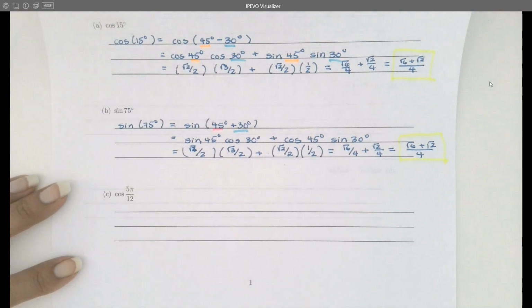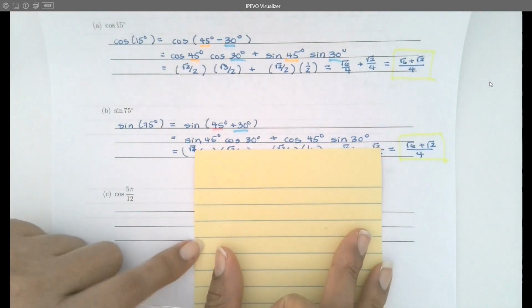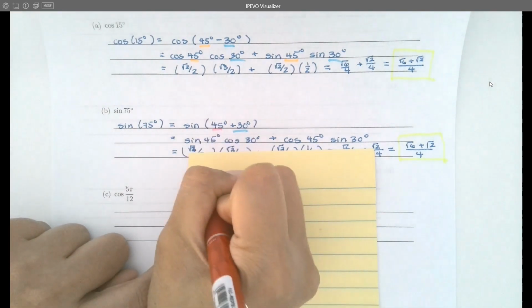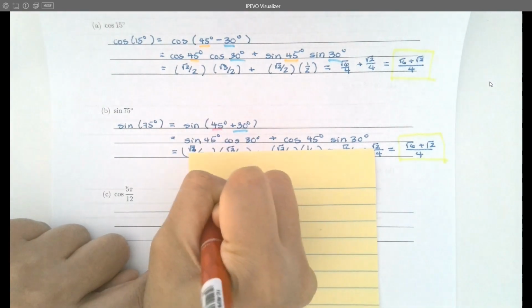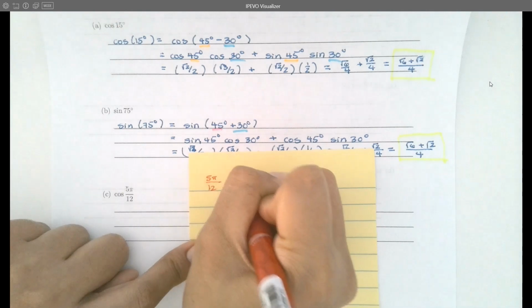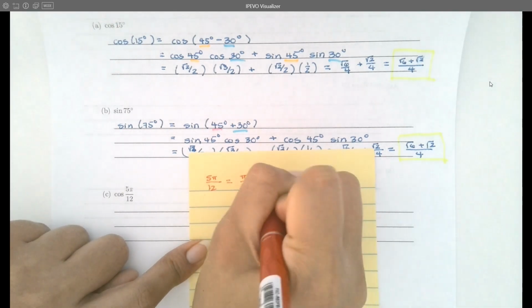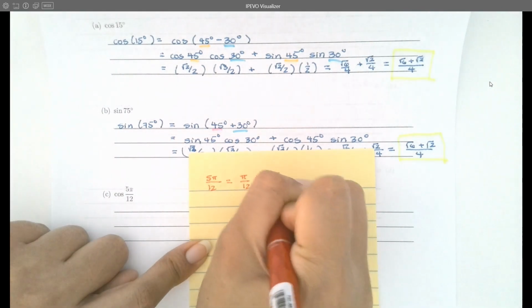I like to do it as a sum to 5 pi over 12, because what I do, and this is more of a trial and error approach, is I break up the 5 pi over 12 into the sum of maybe pi over 12 plus 4 pi over 12, right?